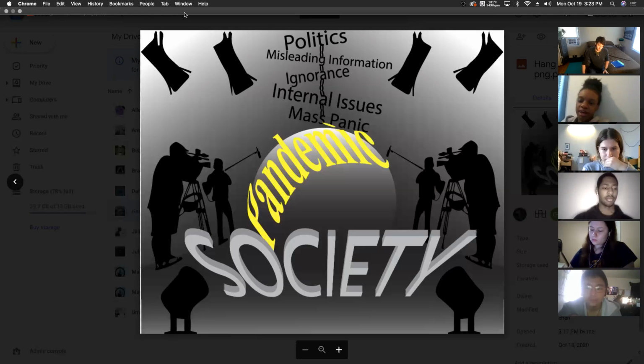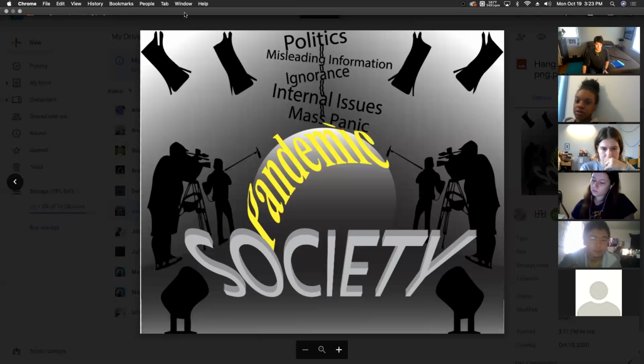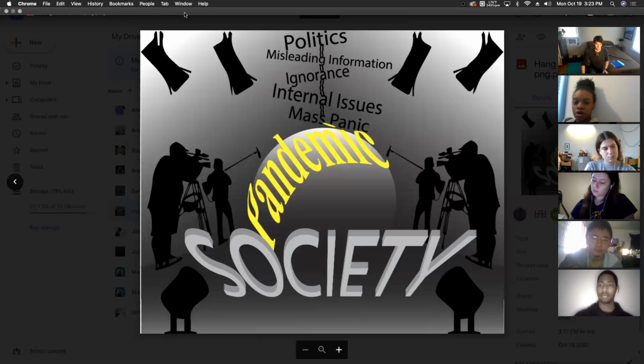I think the idea of adding movement to the wrecking ball would help show how this pandemic and everything with politics and misleading information is having an effect on society. I think that would help bring it together. Overall, though, I like how you chose the color, using gray, basic colors. Thank you.